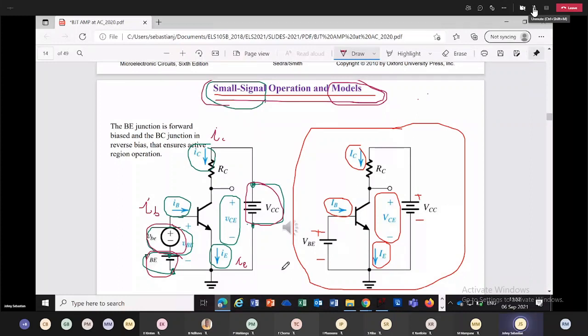Because we need to understand that conceptually, since the entire small signal model is developed based on this assumption that all the batteries are short-circuited.